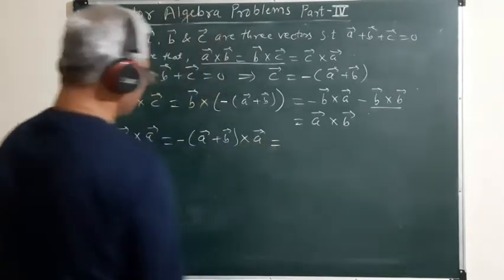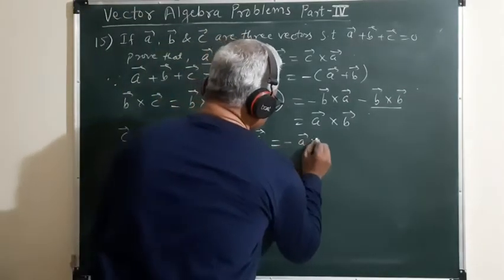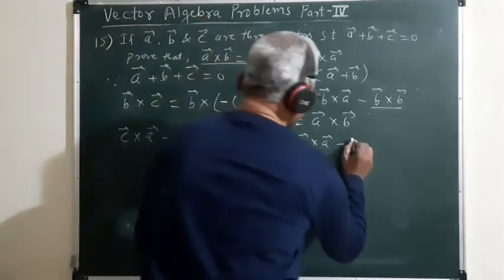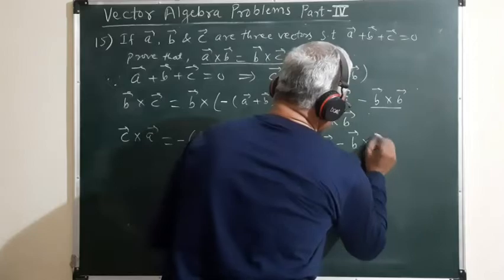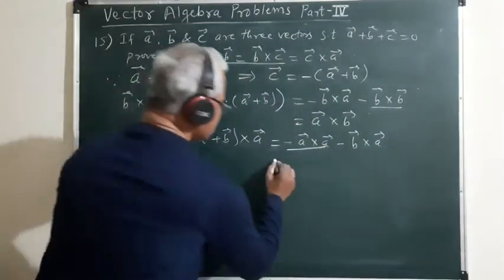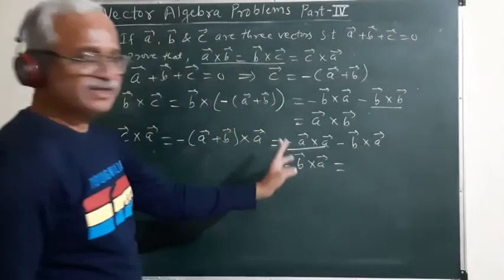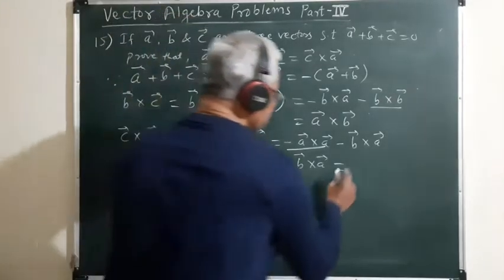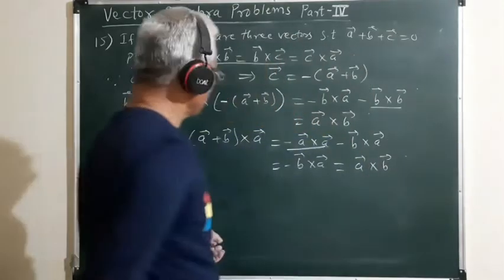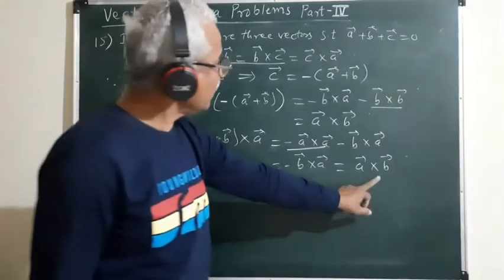So this is equal to minus a bar cross a bar minus b bar cross a bar. So a bar cross a bar is 0, and minus b bar cross a bar is equal to plus a bar cross b bar. So what we observe is c bar cross a bar is equal to a bar cross b bar.